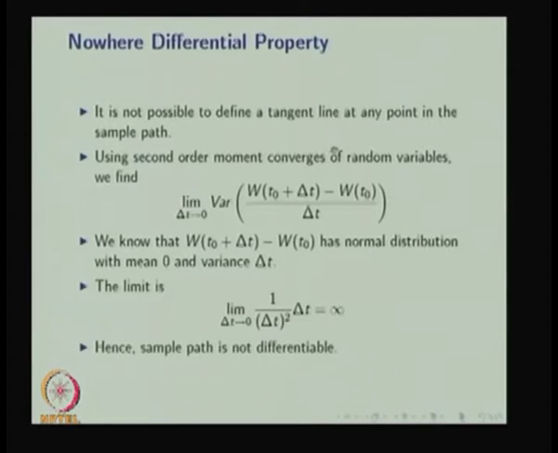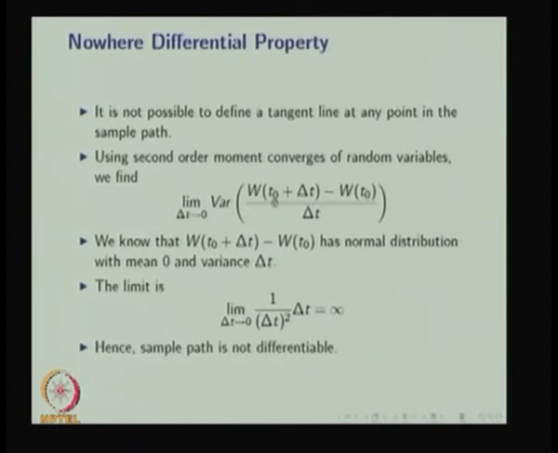Using second order moment convergence of random variables, we find the limit as delta t tends to 0 of the variance of the difference of this random variable divided by delta t. If this limit is finite, then we can conclude it is differentiable at the point t0.